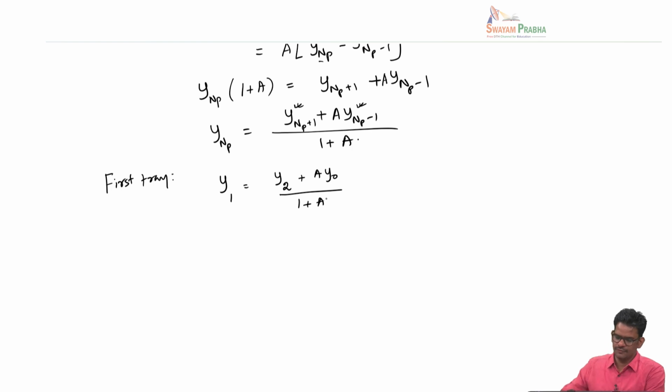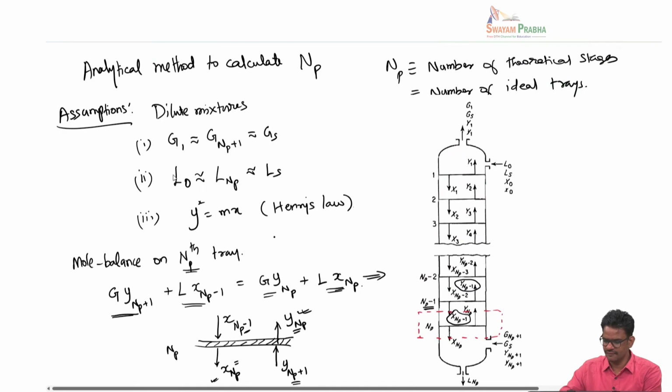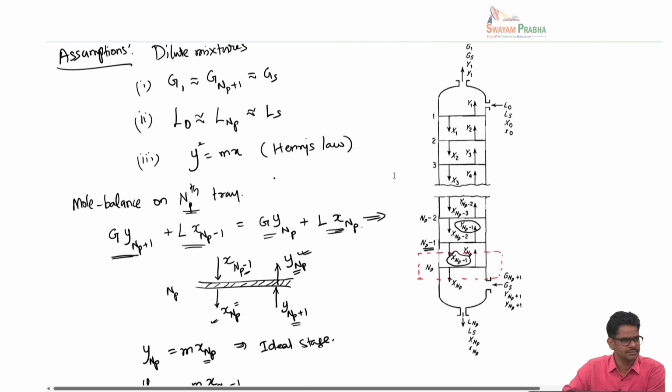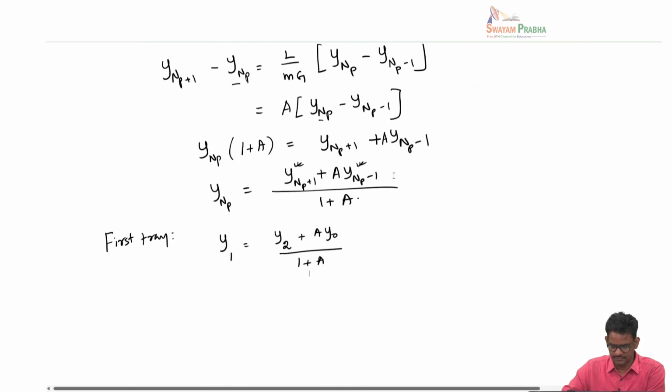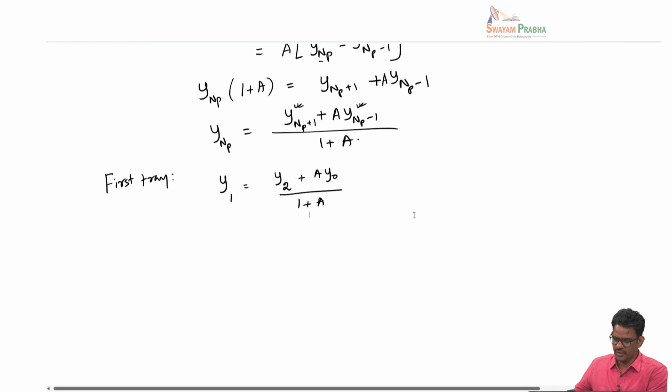But the problem is, if you look at this graph, we don't have anything called Y0. The smallest is Y1, that is the outgoing stream. So what does Y0 mean here?